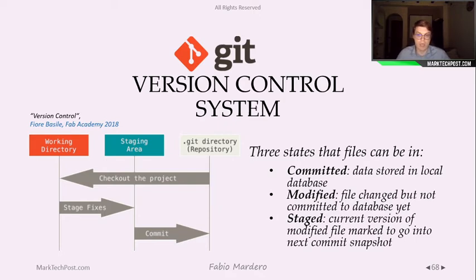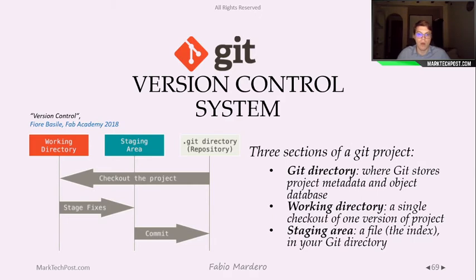These 3 states are bound and linked together by these sections. A Git project has three sections: the Git directory, the working directory, and the staging area. Let's start from left to right.